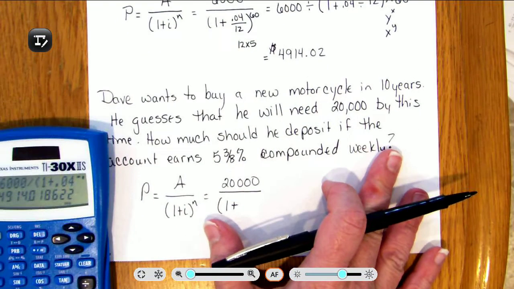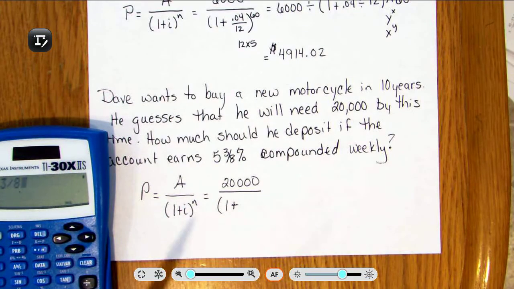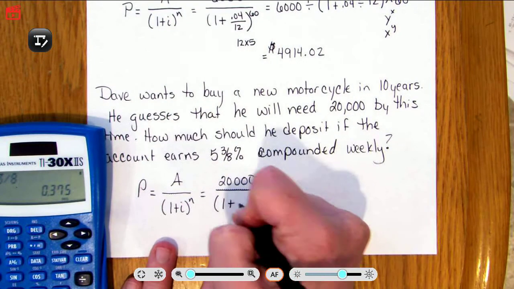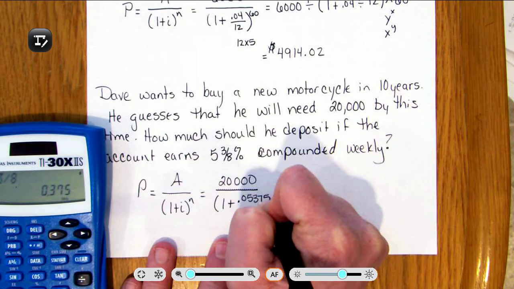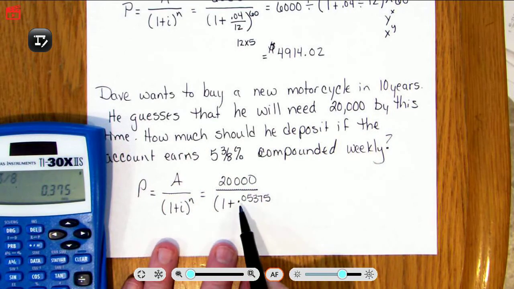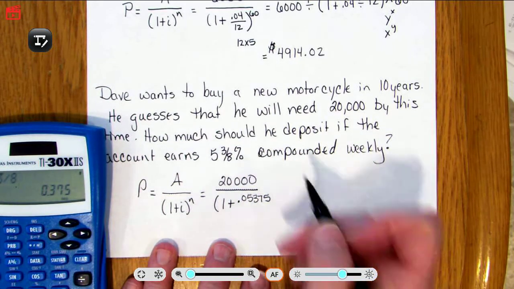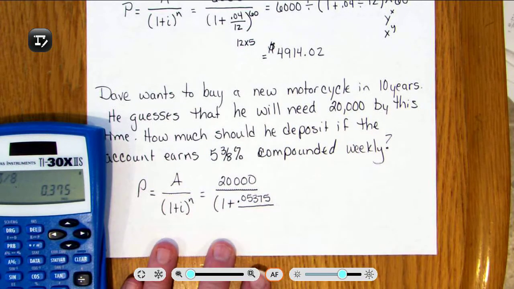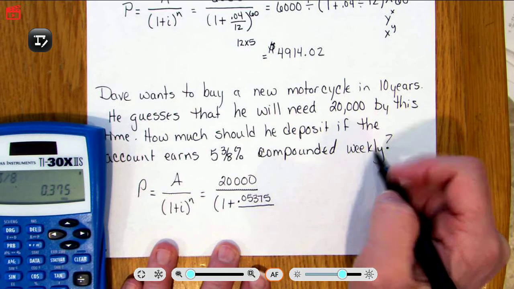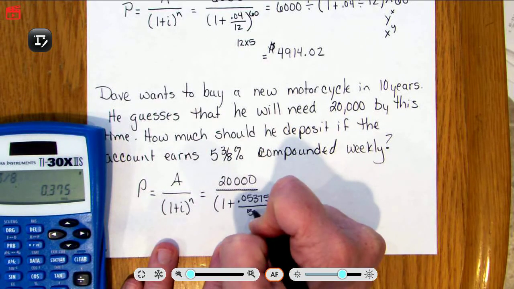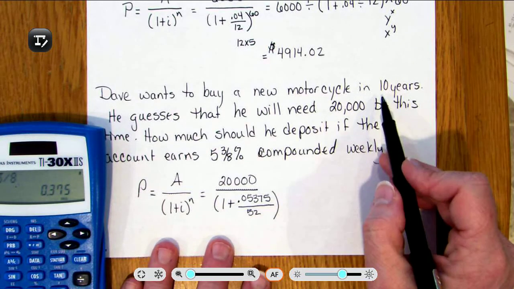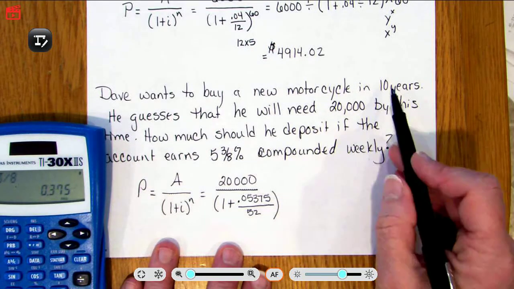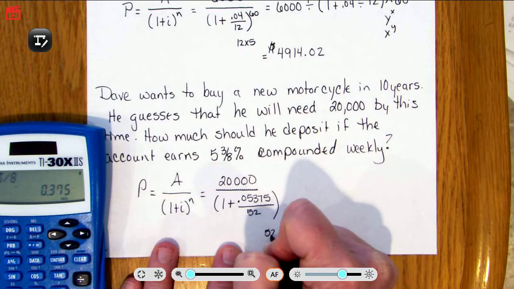So I'm going to take the 3 divided by 8, that's .375. So 0.05375. Again, don't forget it's 0.05 something, otherwise you are having a lot of interest. Compounded weekly. Weekly would be 52 times a year. My N, so we're going in 10 years, so weekly for 10 years, 52 times 10, 520.